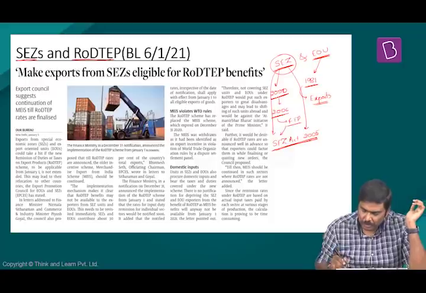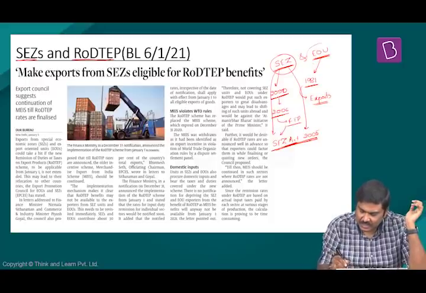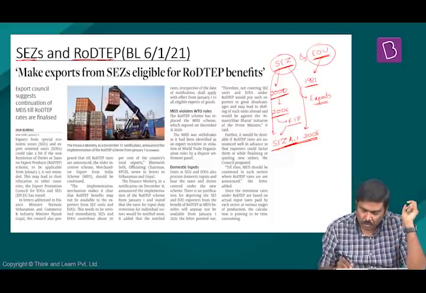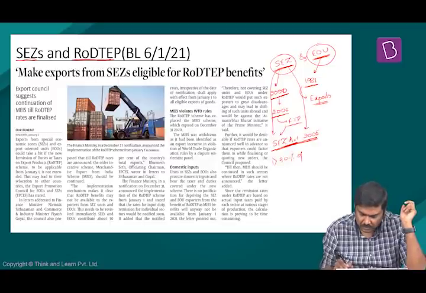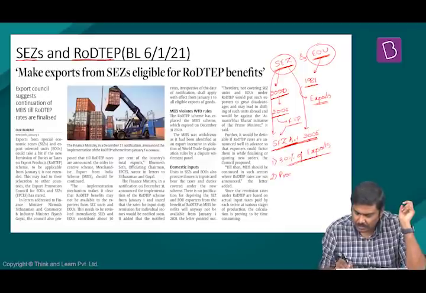Now, certain very important points with respect to both SEZs as well as EOU are both SEZ as well as EOU account for more than 30% of total of India's exports, and these also are involved in production, manufacturing, services, etc. and have created a lot of employment opportunities.